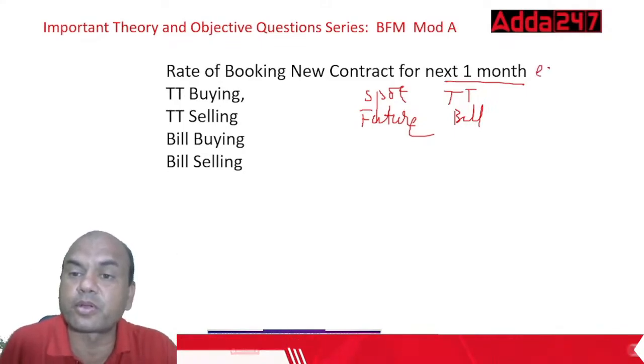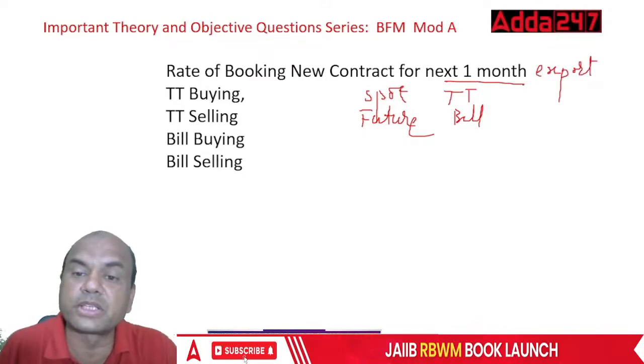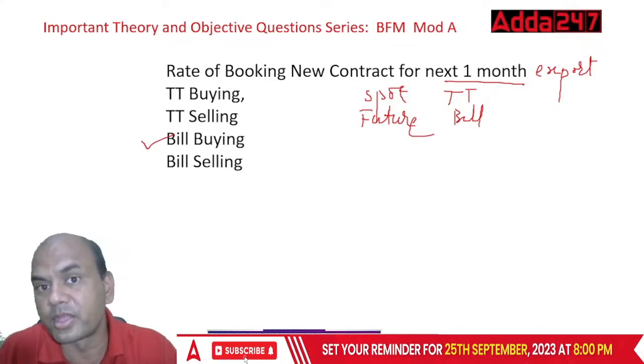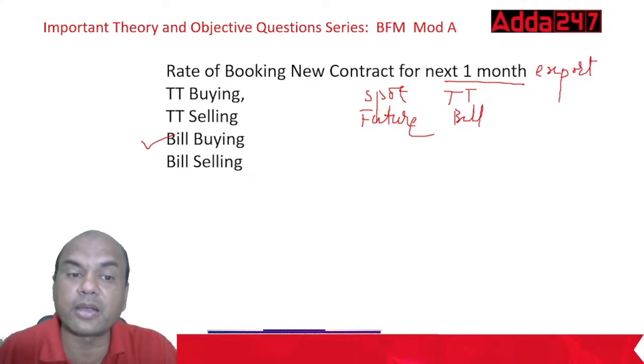Suppose I say export contract. Export means buying, so I'll be using the bill buying rate. If it's import, then I'll be using the bill selling rate. So for next 1 month export, you'll be doing it at the bill buying rate.